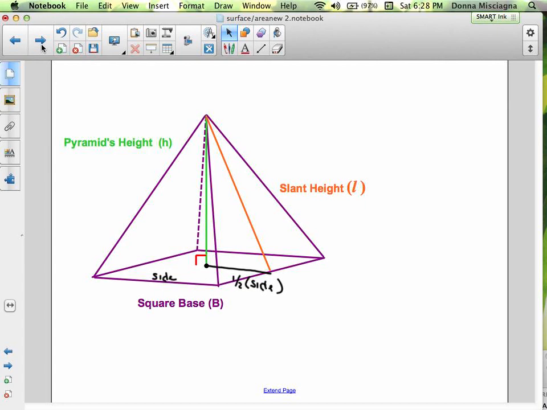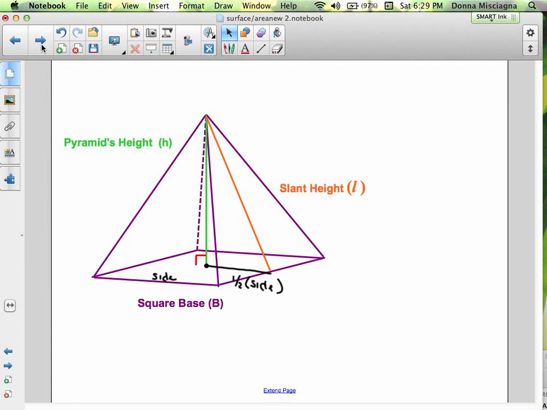All right, so notice we have a triangle there. It's a right triangle. And if this is a square base, one side is going to be half the base. One side of the triangle is going to be the height. And one side is going to be the slant height. Right? And that's how we're going to find that. You have a diagram somewhat like this right next to finding the surface area of a regular pyramid in your notes.